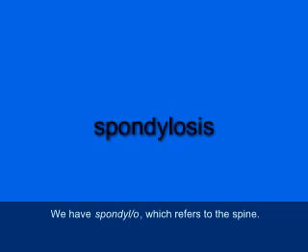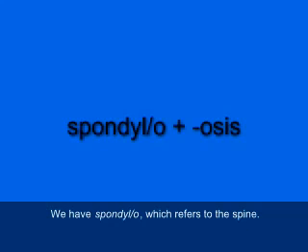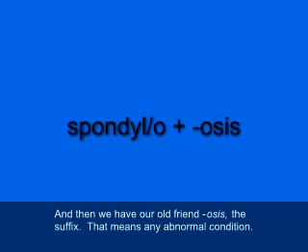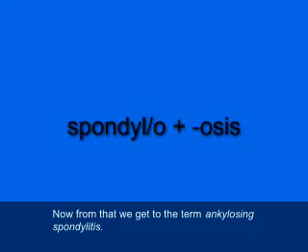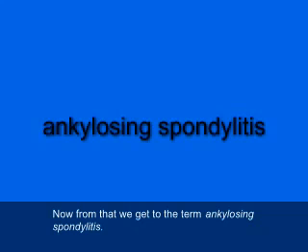We've got spondylo, S-P-O-N-D-Y-L-O, which refers to the spine. And then we have our old friend osis, the suffix O-S-I-S. That means any abnormal condition. Now from that, we get to the term ankylosing spondylitis, which is quite a mouthful to say and spell.